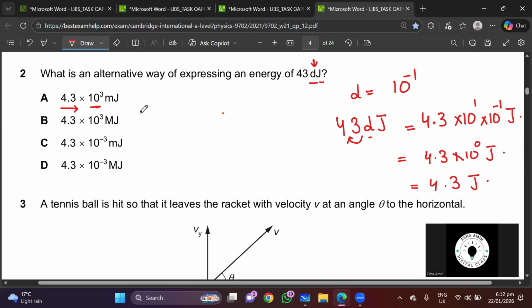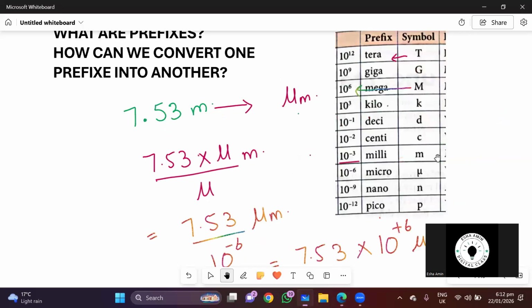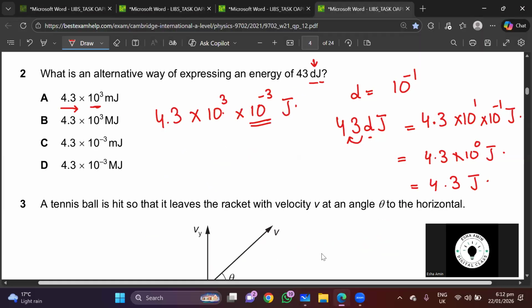So that means to make it balance, 4.3, if we multiply it by 10 power 3, it should be multiplied by 10 power minus 3 as well, right? So the 10 power minus 3 value is milli, right? If we check, 10 power minus 3 is milli. So that means we can write it as 4.3 into 10 power 3 millijoules. So our option should be A, right?